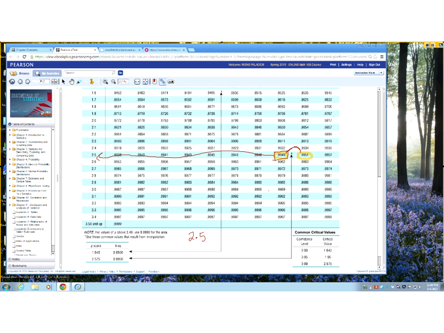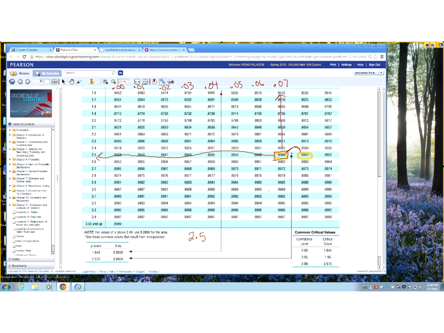Which is 2.5. And then you get the z 2.5, and then what is the top number at the top? If you guys go up here, what is that top number? Let's see, this was 0.00, 0.01, 0.02, 0.03. Do you know where I'm looking at? 0.04, 0.05, 0.06, 0.07, right?